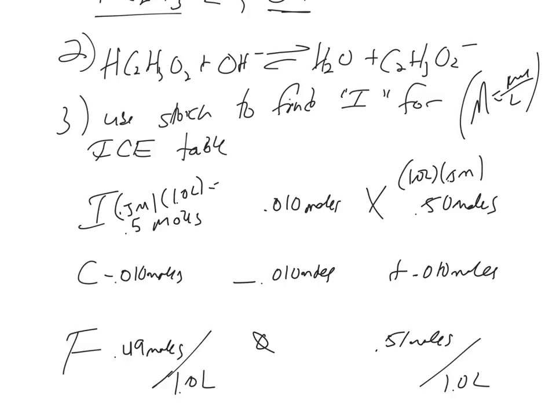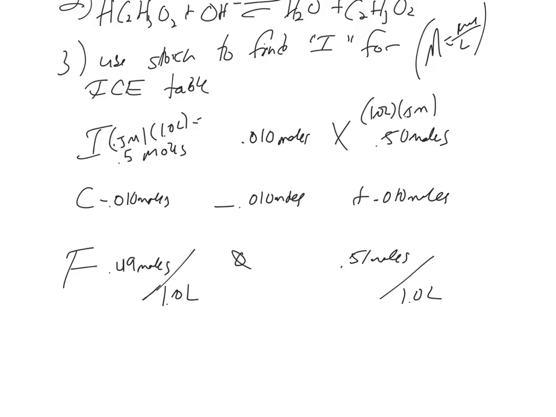Which is good because now the answer is just 0.49 molarity. So we had 10 milliliters added to the 1 liter. 10 milliliters is 0.01, and that would make 1.01 liters. But we're not in 3 sig figs, we're in 2 sig figs, so feel free to ignore that.